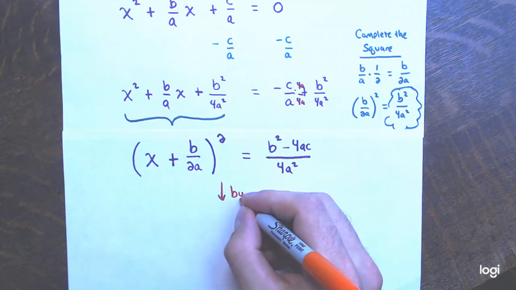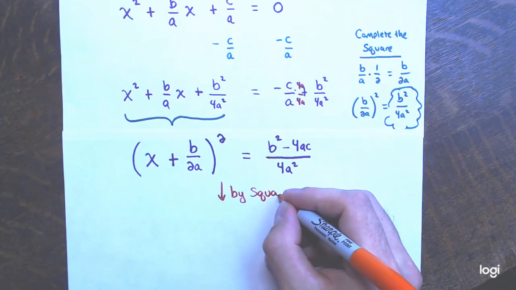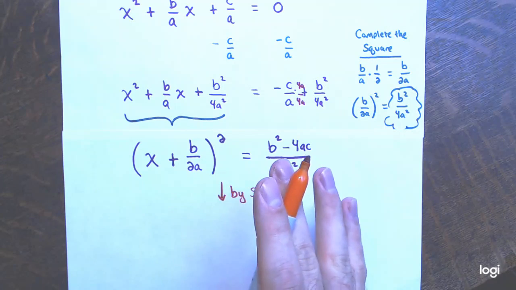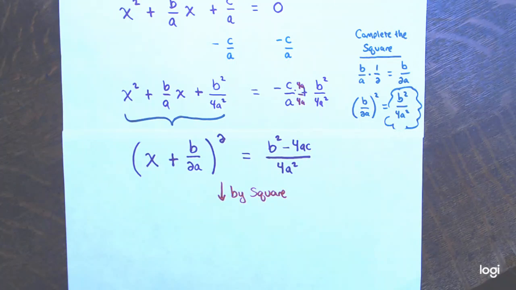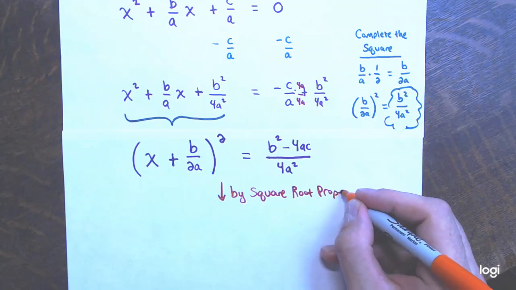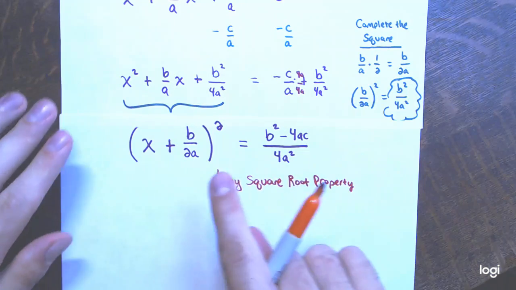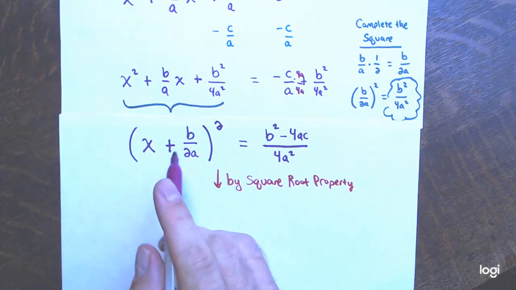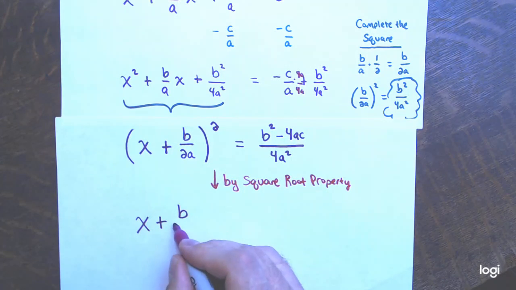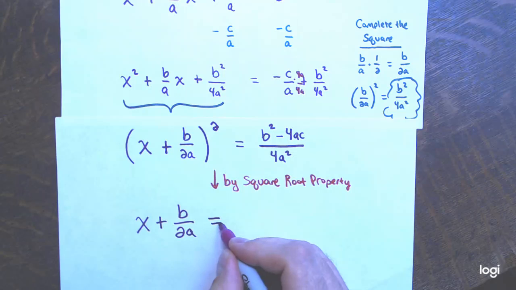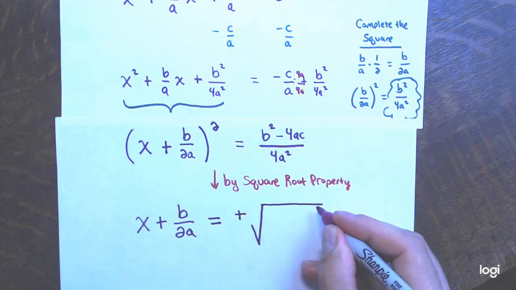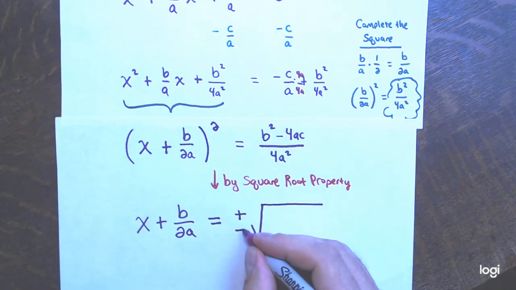Alright, so by that square root property, now I know I've mentioned in prior videos that I do like to split them up, but just for the sake of writing here and less writing, I'll condense it with the plus or minus symbol. By the square root property, the value of this base, this x plus b over 2a under the square, could be equal to either the positive square root or, right, the negative, so plus or minus.